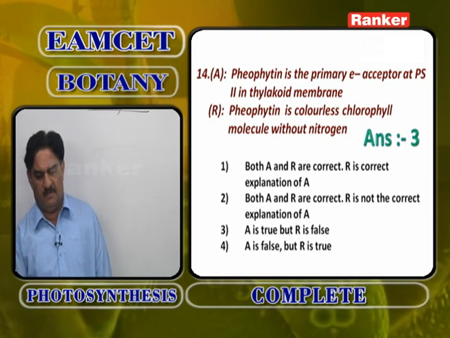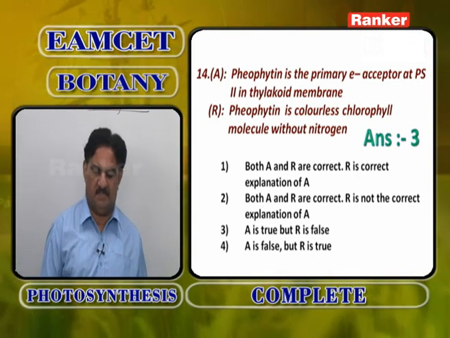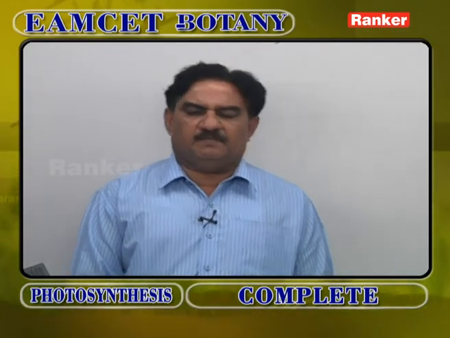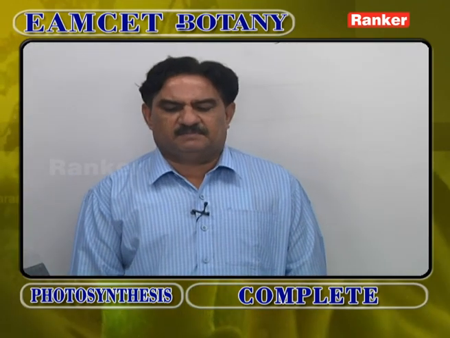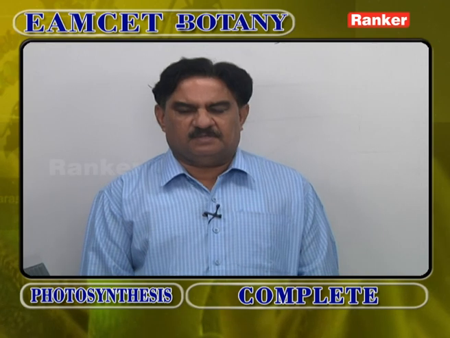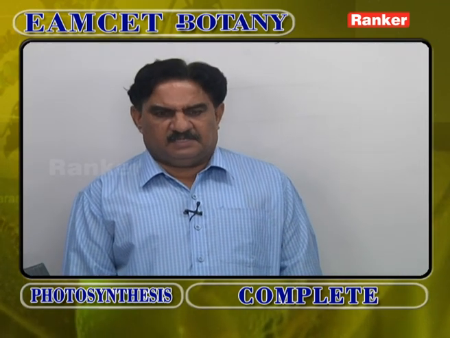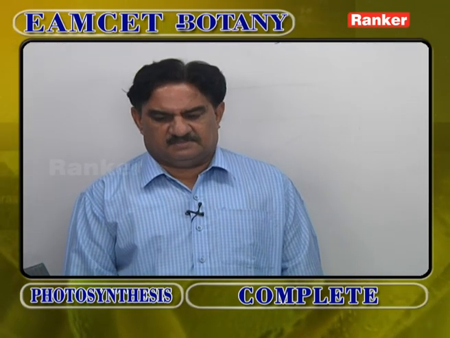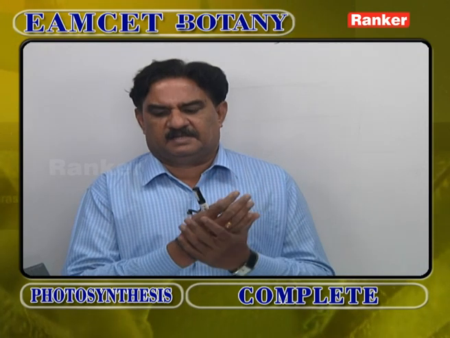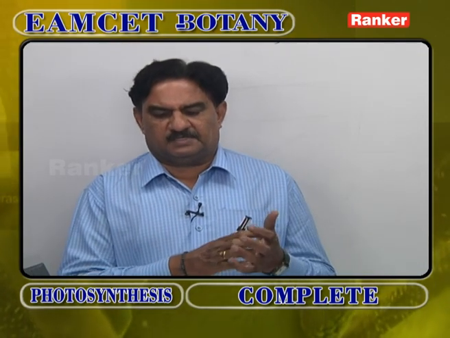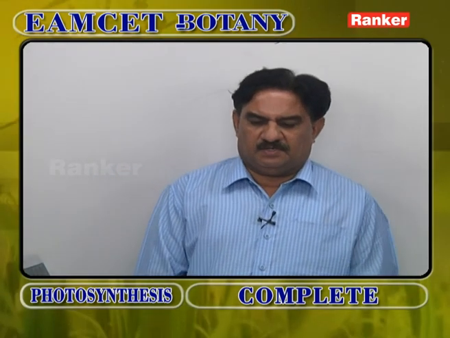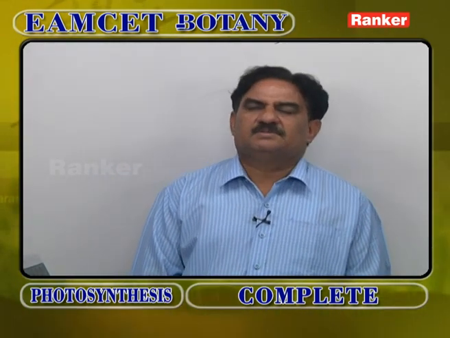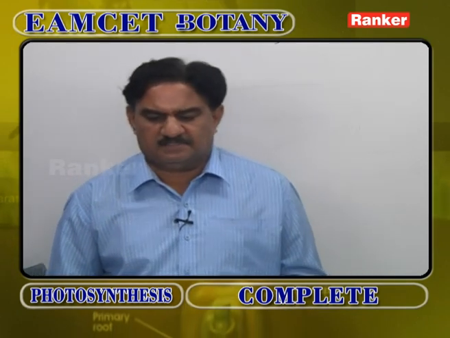Pheophytin is a colorless chlorophyll molecule without nitrogen is wrong. Pheophytin is a chlorophyll molecule without magnesium. The central magnesium is replaced by 2 hydrogen atoms. So A is correct, R is false. That is 3 option.